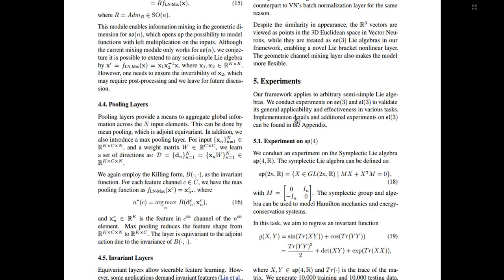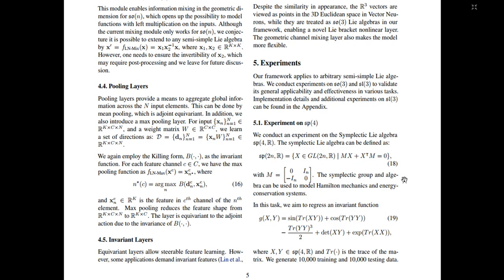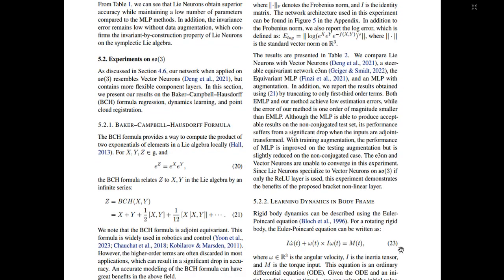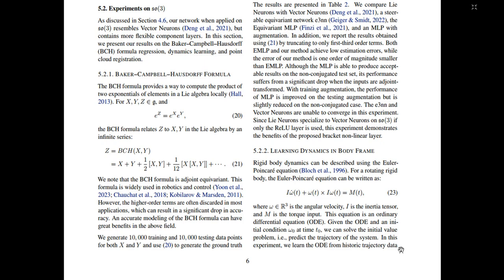So they try to generalize an SO3 equivariant neural network to different spaces like symplectic space, which is used in Hamiltonian mechanics in physics and so on. And they are using it for different tests. And you can see the result also. They are getting good results compared to other methods.